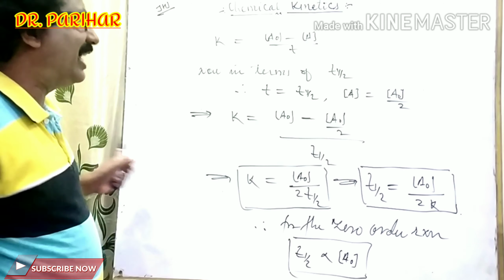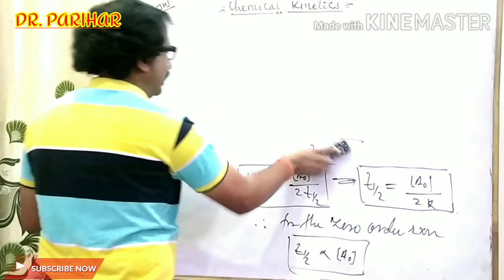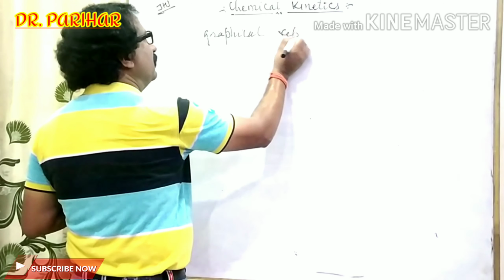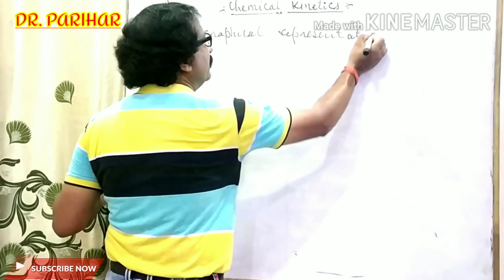Okay, and the last one is the graphical representation. Now about its graphical representation: how will you represent a zero order reaction in terms of a graph?